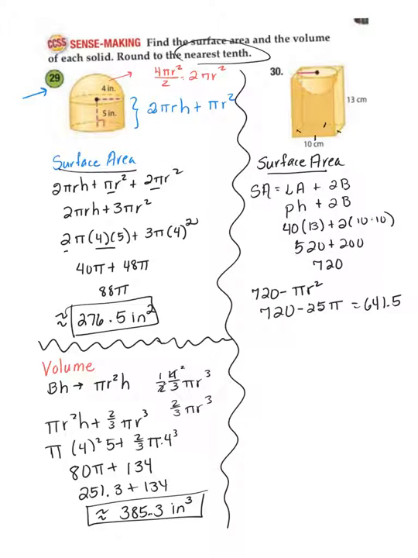Okay? Now that 641.5 includes the bottom, the left, the right, the front, the back, and these little corners. But this dipped down place here, this hemisphere, has surface to it as well. So I've got to take the 641.5 and add to it the surface area of the hemisphere.